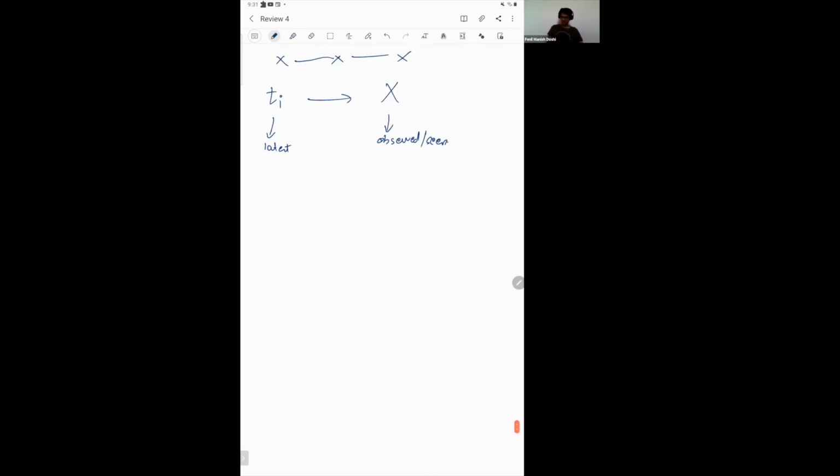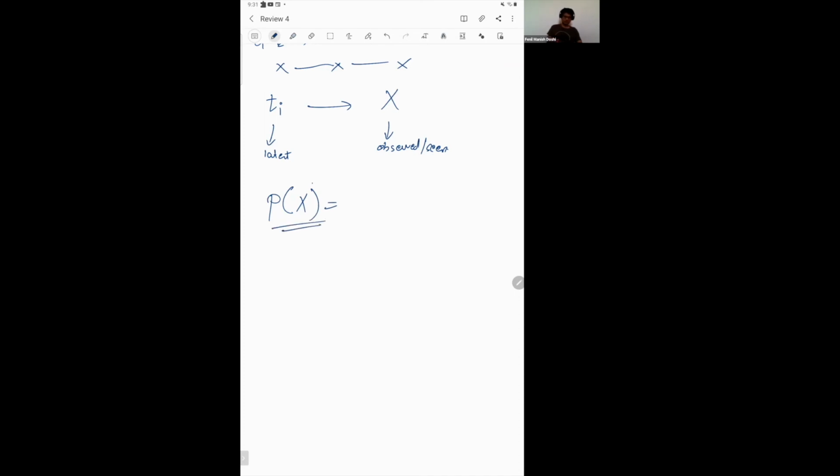As always, you would have P of x given T and P of T, and if we are interested in finding P of x, we would simply marginalize it.